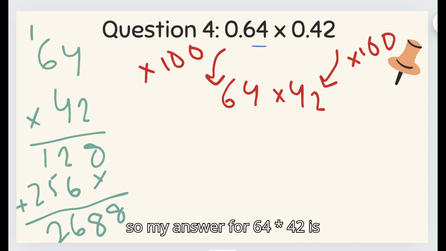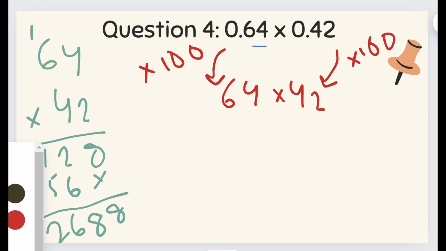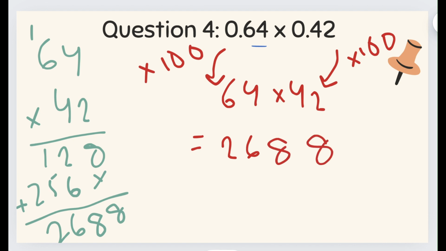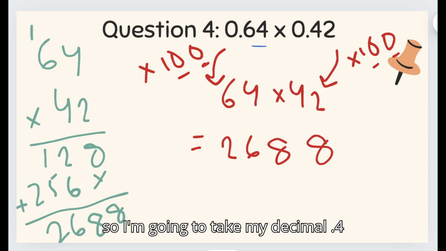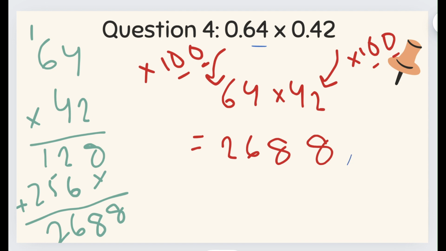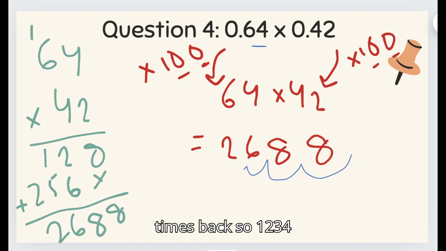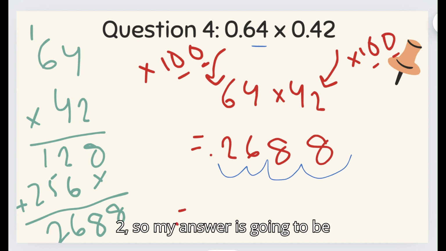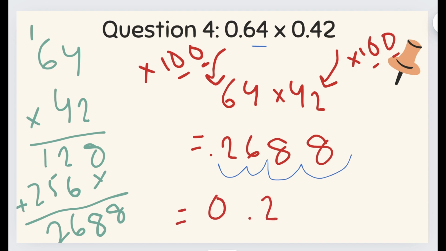So my answer for 64 times 42 is 2,688. Now I have 1, 2, 3, 4 zeros, so I'm going to take my decimal point 4 times back. 1, 2, 3, 4. So my decimal point has to come before 2. So my answer is going to be 0.2688.